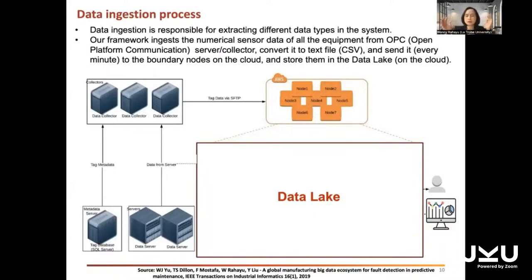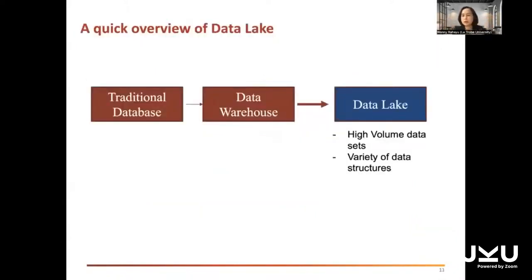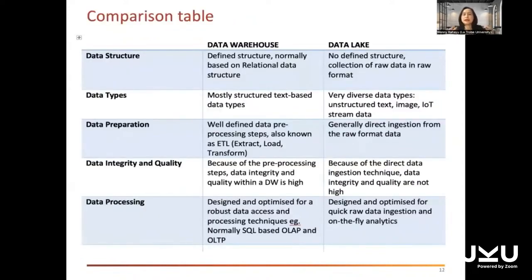So we're going to use the data repository called a Data Lake, and many of you probably have used or learned about Data Lake very well. But I just want to give a bit of an overview. It differs from the traditional database and data warehouse, which have a very defined structure.